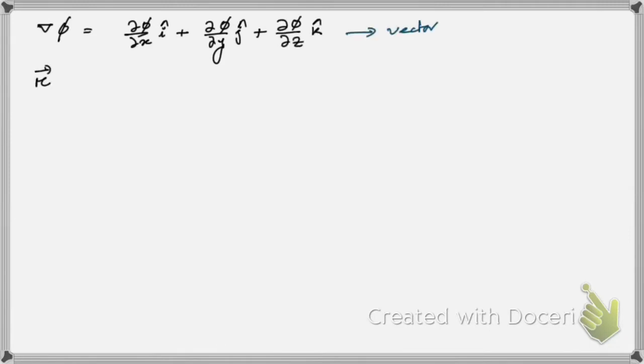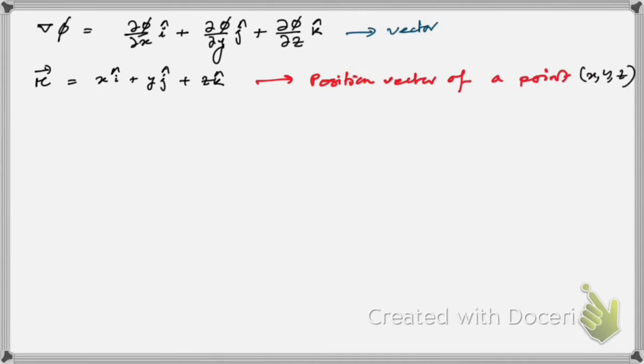So this is a vector quantity, and the position vector of a point x comma y comma z is given by this r vector, suppose. Then this is the position vector of this point on the surface represented by this function, right? And the total derivative of this position vector will be given by del x i cap plus del y j cap plus del z k cap, right?